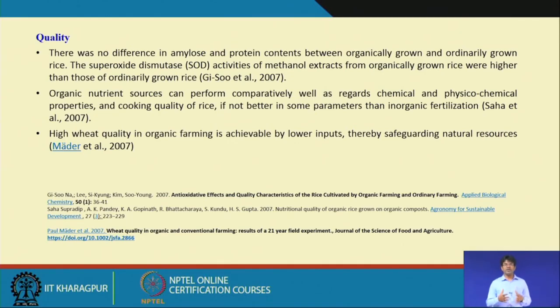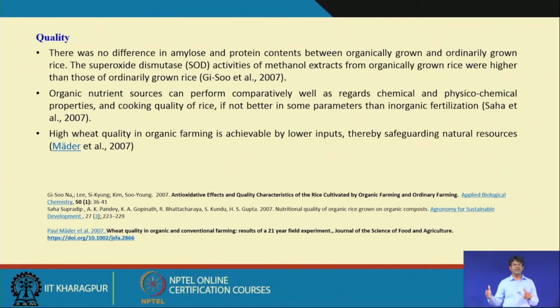But as far as nutrients are concerned, to maintain the yield levels at the beginning, being crop specific, especially for cereal crops, we can go for integrated nutrient management, but later on we can minimize the use of chemical fertilizer and slowly convert to full use of organic fertilizer.